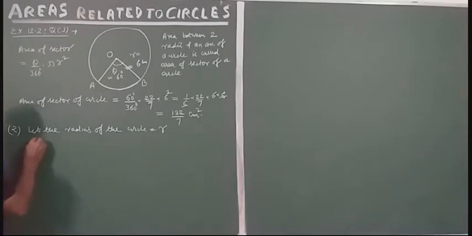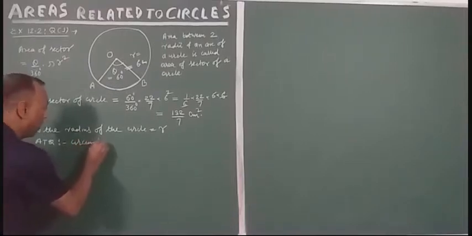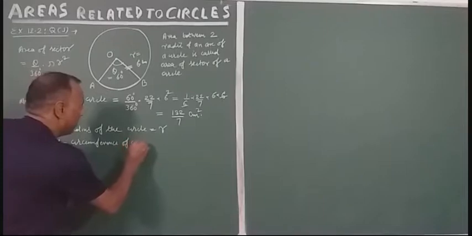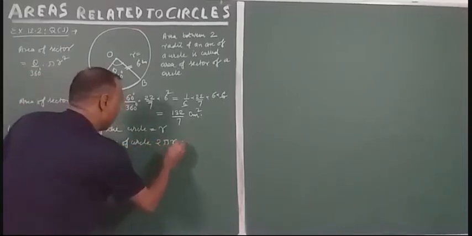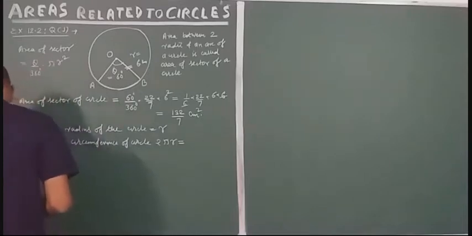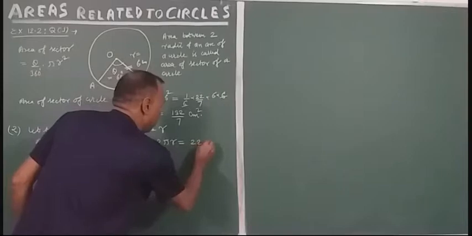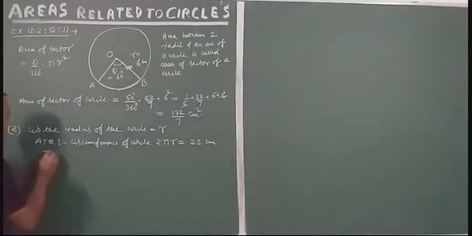Then according to the question, it is given circumference of circle, that is 2 pi r, is 22 centimeter. From here we can find the value of r.